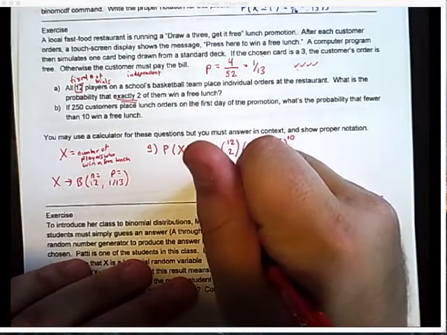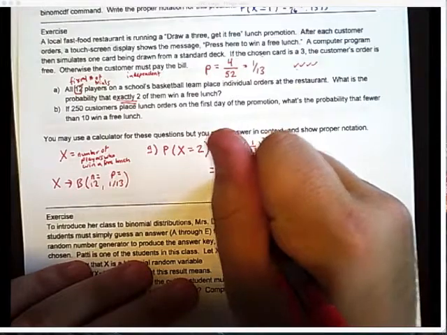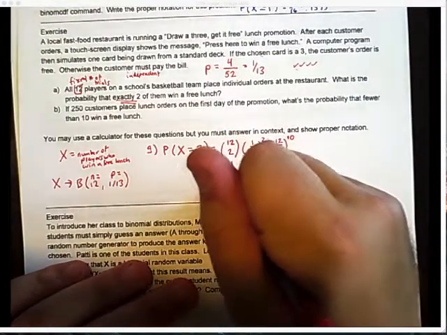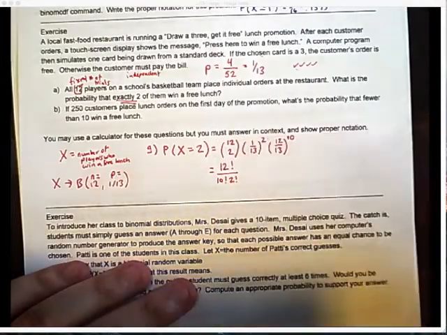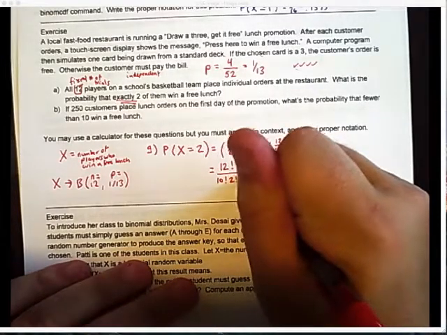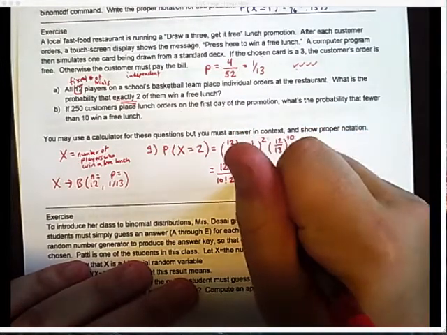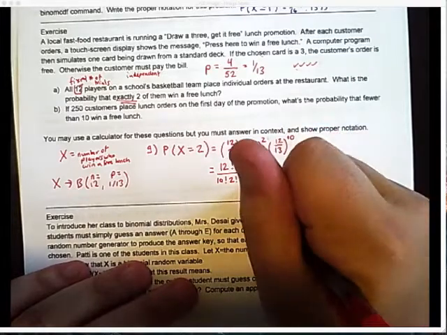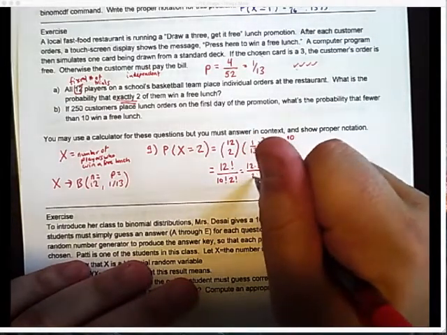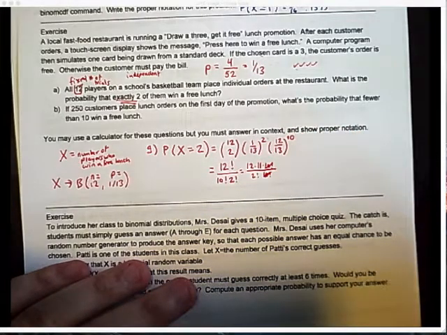Okay. So if we did this by the formula, all right, I would take 12 factorial over 10 factorial times 2 factorial. Okay, so what is 12 factorial? Well, that's 12 times 11 times 10 factorial, over 10 factorial, 2 factorial. So the 10 factorials cancel there.